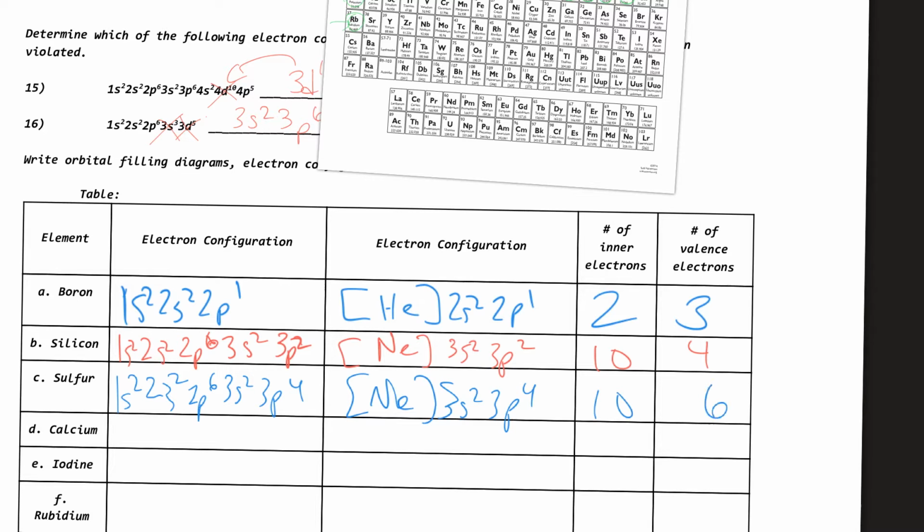This has 10 and 6. Calcium is element 20, and that is 4s2, so we'd work our way backwards. 4s2, 3p6, 3s2, 2p6, 2s2, 1s2, or Ar, 4s2, and Ar has 18, and this has 2.